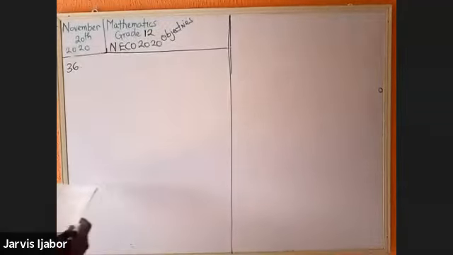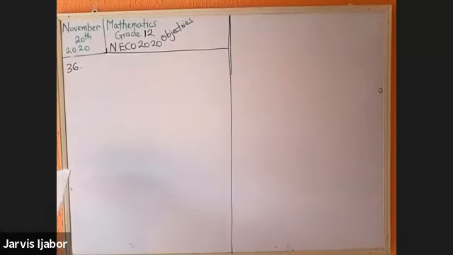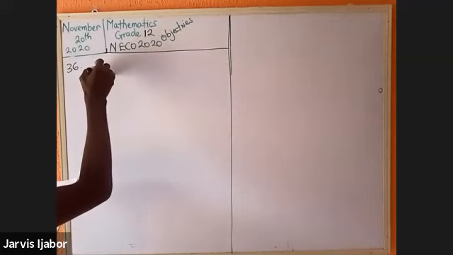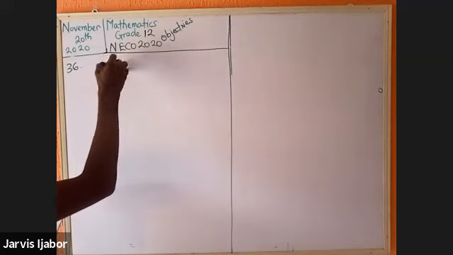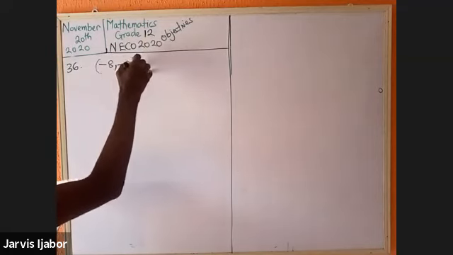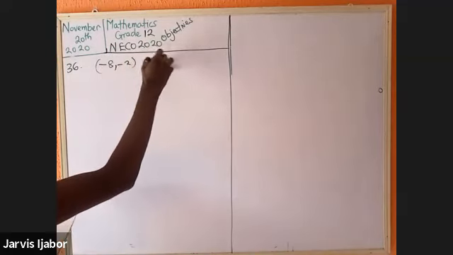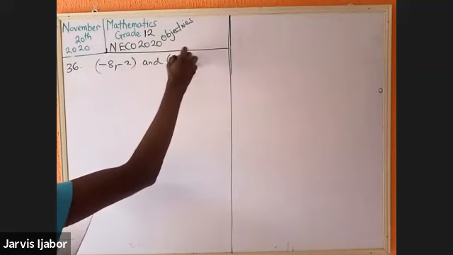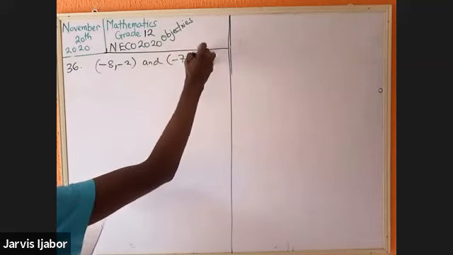All right, 36. Find the gradient of the line joining -8, -2 and -7, -4.